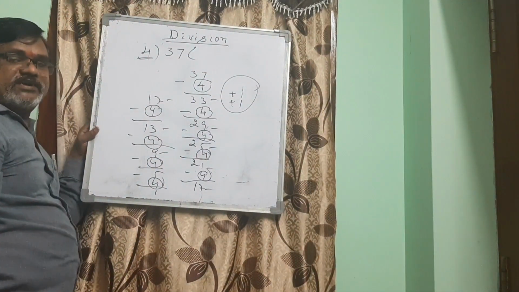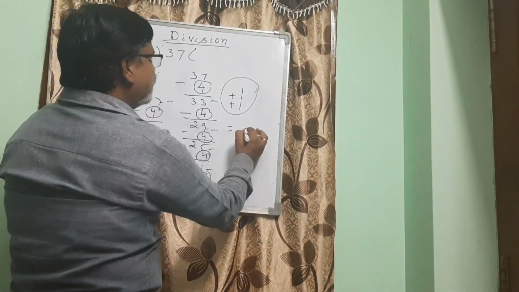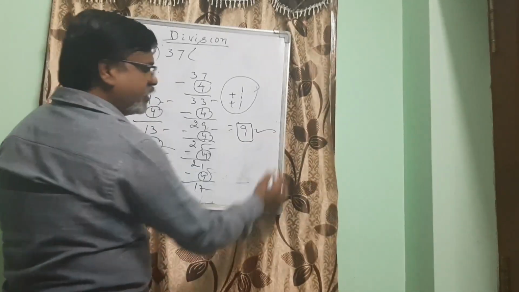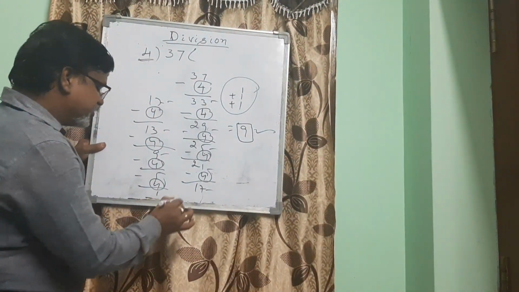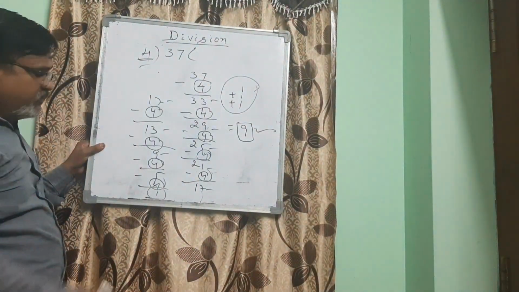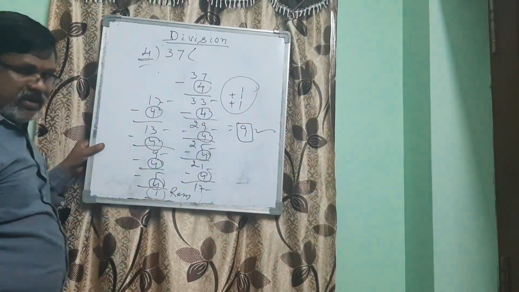Total subtraction has been done 9 times. So at the end, the result will be 9. How many times we perform the subtraction, that is the quotient, and we perform the subtraction till the remainder is lesser than the divisor, then we stop here. This will be the remainder.